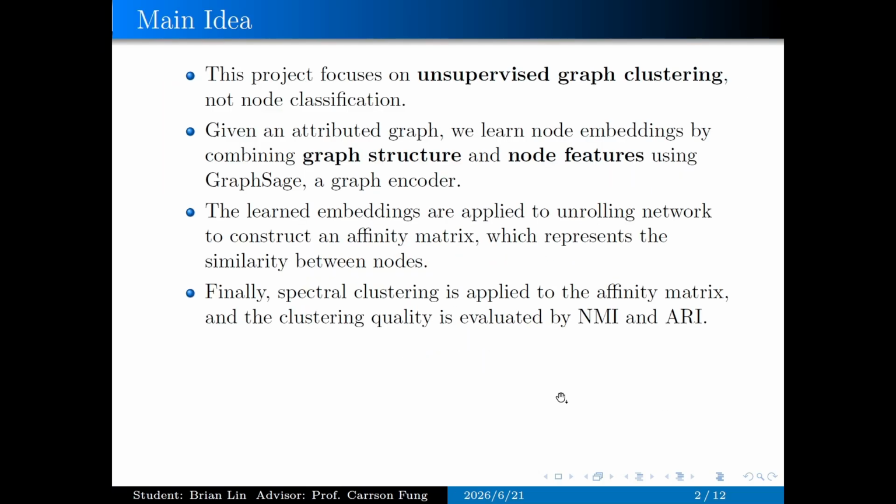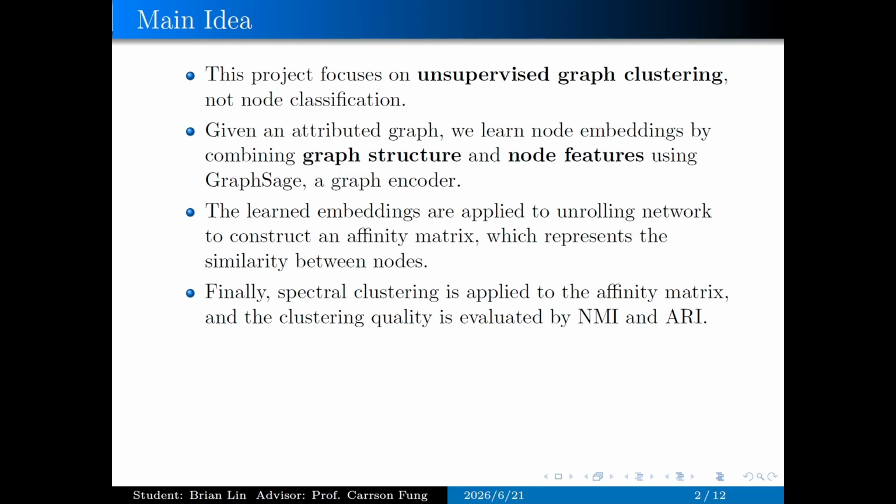The main idea of this project focuses on unsupervised graph clustering, not node classification. We are given an attributed graph, which is Cora in our experiment, and we will learn the node embedding by aggregating graph structure and node features using GraphSAGE, the graph encoder.